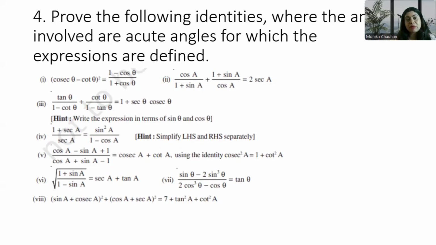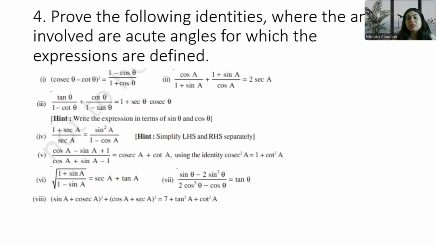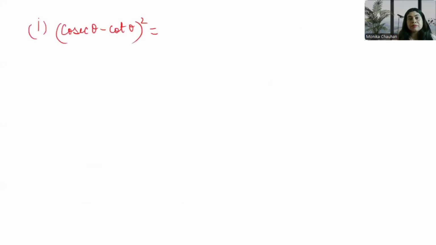So let's start with the first part. The first part is cosec theta minus cot theta whole square is equal to 1 minus cos theta upon 1 plus cos theta.